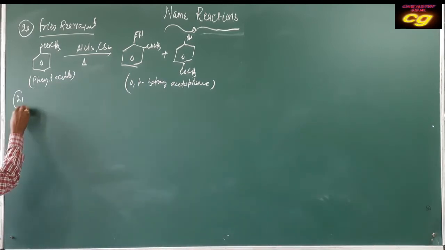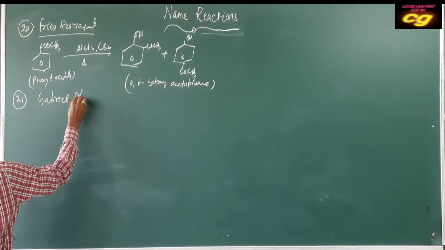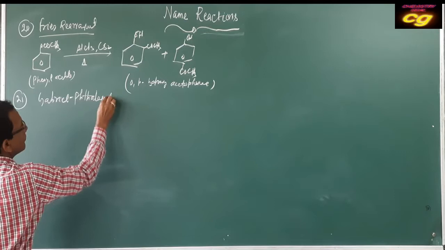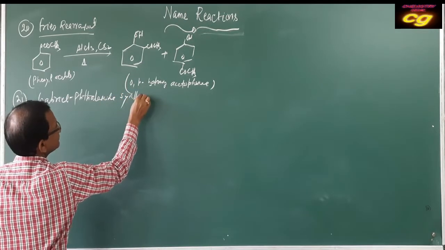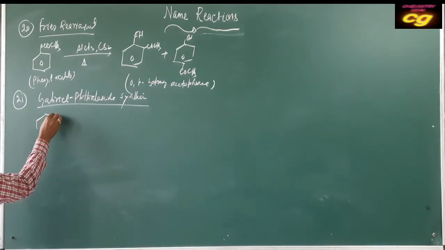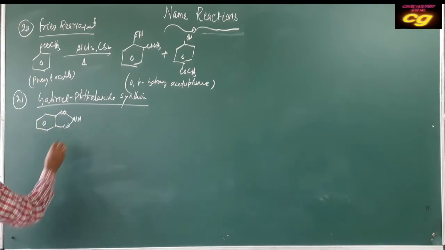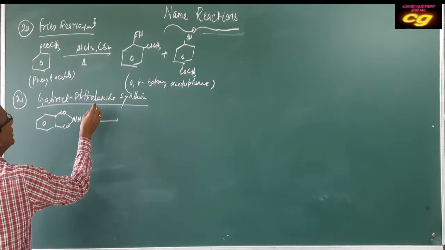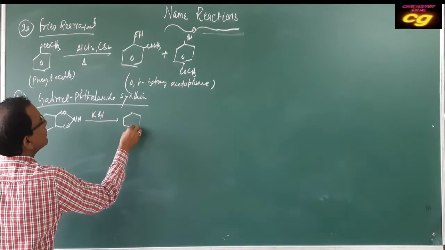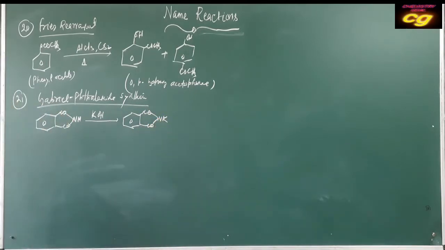Then 21, that is Gabriel phthalimide synthesis. Phthalimide synthesis is mainly for preparation of aliphatic primary amines. If you take phthalimide, this is phthalimide. Phthalimide is first treated with a base, potassium hydroxide, which produces the salt, potassium phthalimide.